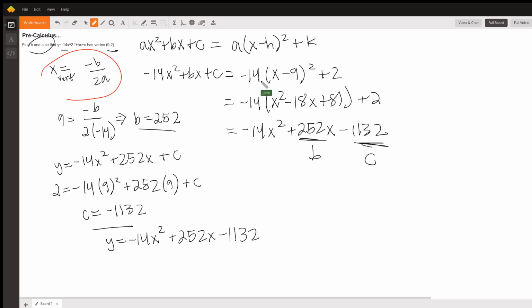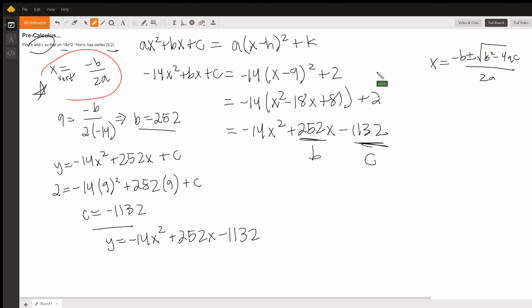You could even actually use quadratic formula if you wanted to, though that would make it, I think, a little bit more difficult. This equation comes from quadratic formula, right? The x-coordinate of the vertex, that's actually just the average of the x-intercepts, right? So if I set this expression equal to 0, I know x is equal to negative b plus or minus the square root of b squared minus 4ac, that's your quadratic formula, all over 2a.